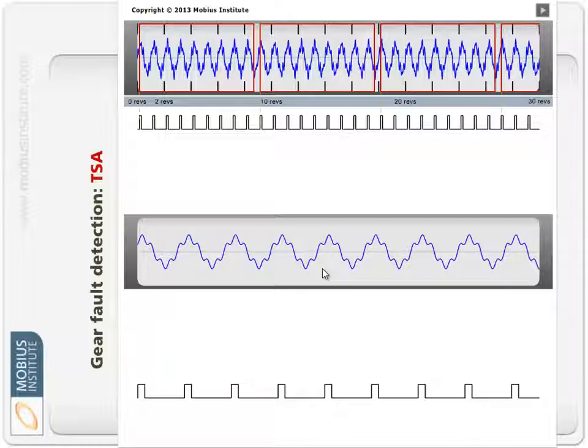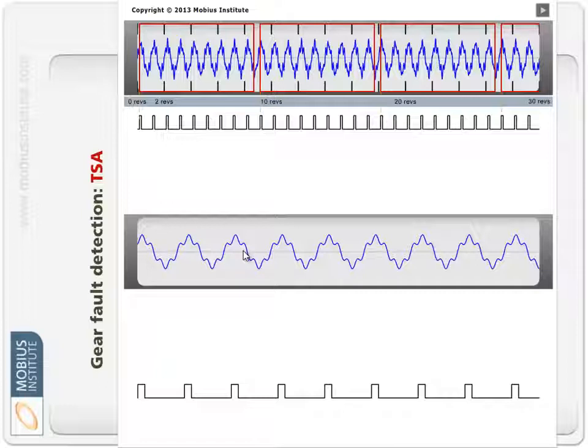But what happens is if you average those, well, in this case we've just got 3, but let's assume we did it 100 times. It takes quite a few of these averages to weed out the data. What happens is anything that's not synchronous with our once per revolution, our tack signal, gets averaged away.